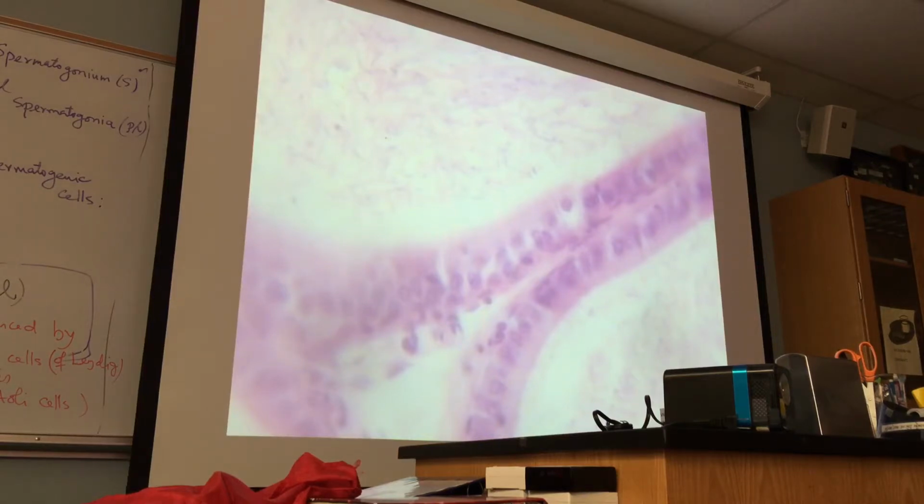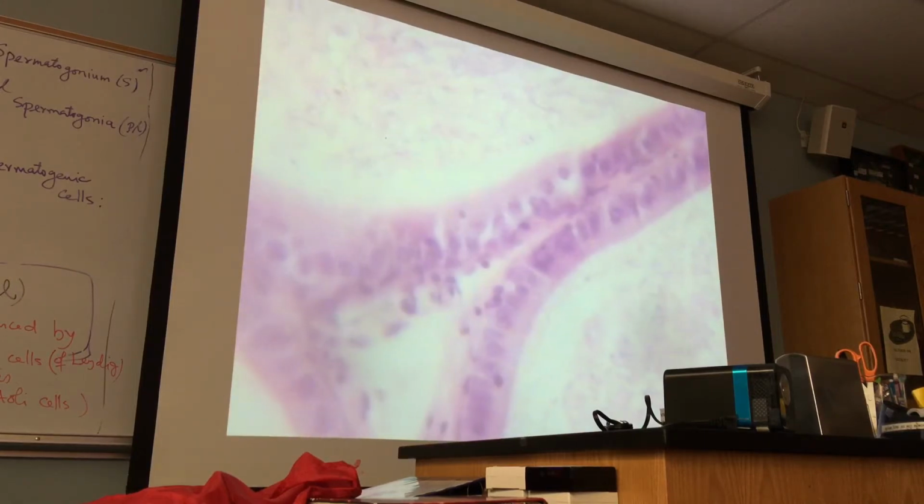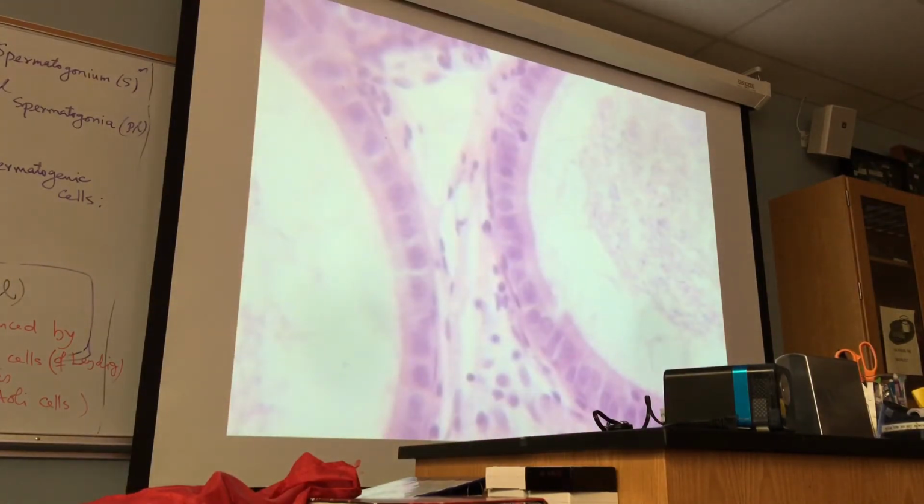Like here, the epithelium appears multi-layered, but it's not multi-layered, one layer. These are sperm cells, and you can see these are stereocilia. The free apical surface has extensions of plasma membrane. So what are they called? Correctly, they're called microvilli.